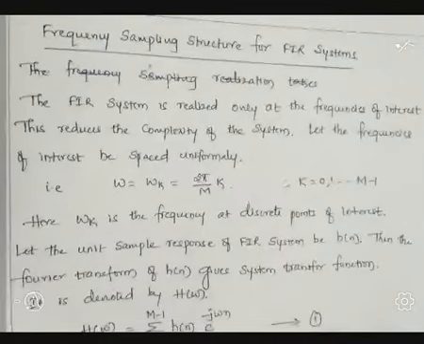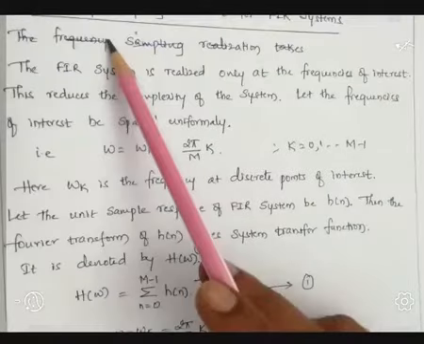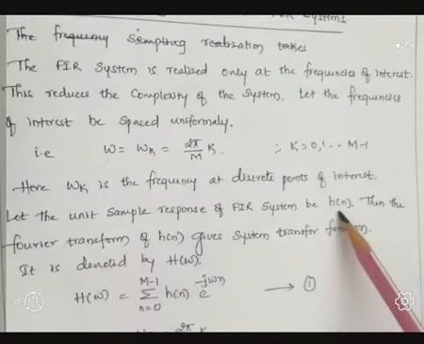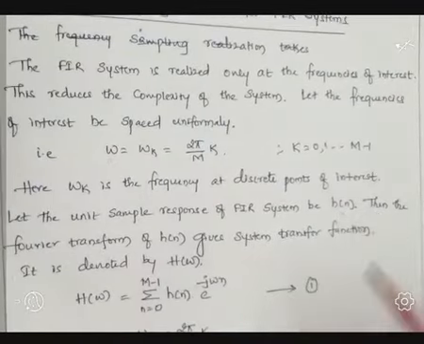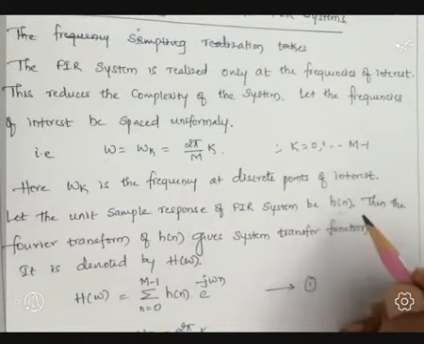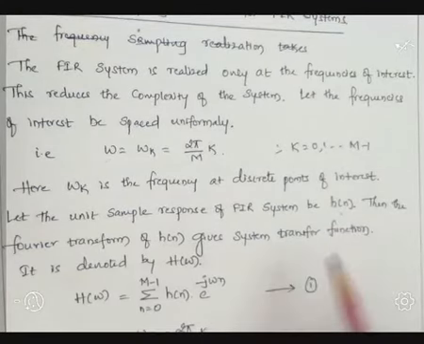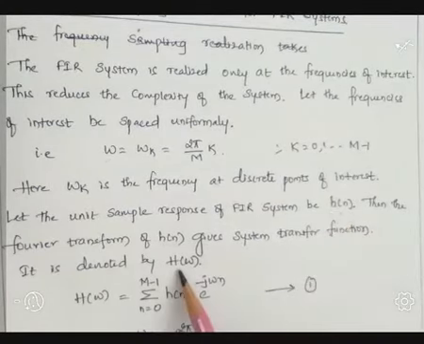Then we are going to calculate the unit sample response of the FIR system, represented as h of n, where h of n indicates the unit sample response or unit impulse response of the FIR filter. Then let us take the Fourier transform of h of n, represented as H of omega.